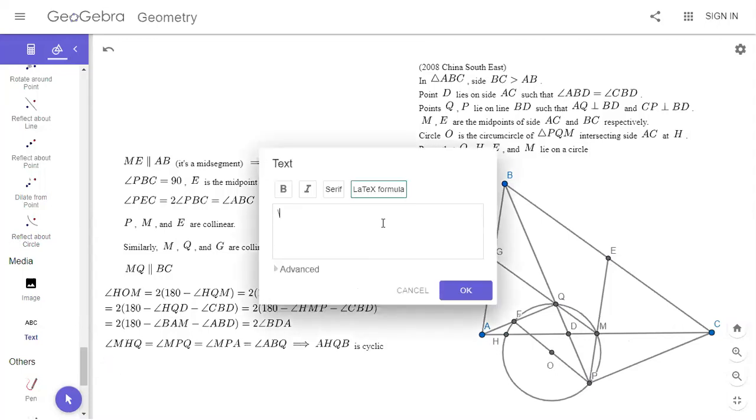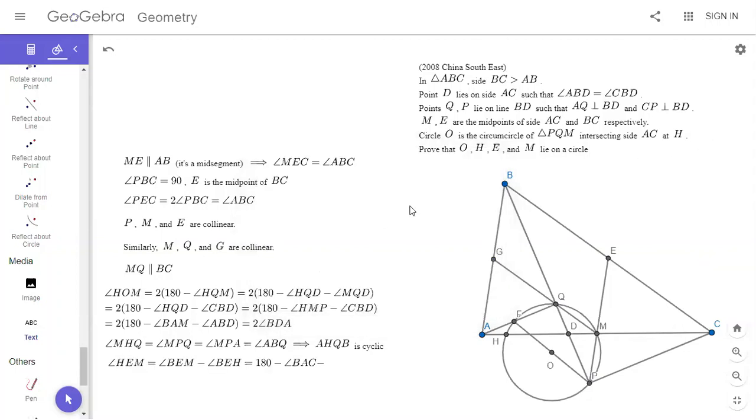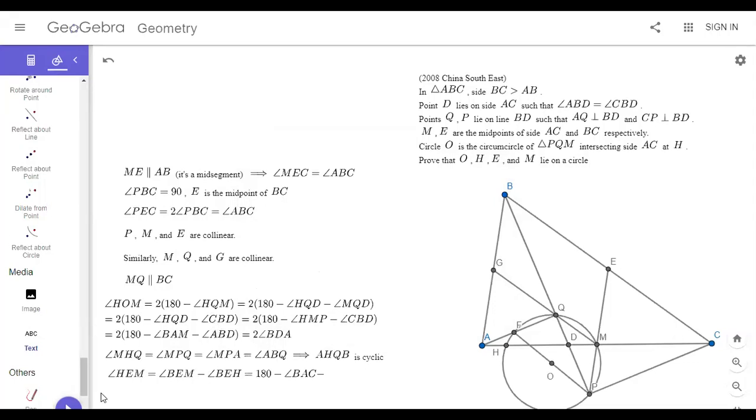So yeah, what was angle BEH? I forget. BEH is 2 BCA.